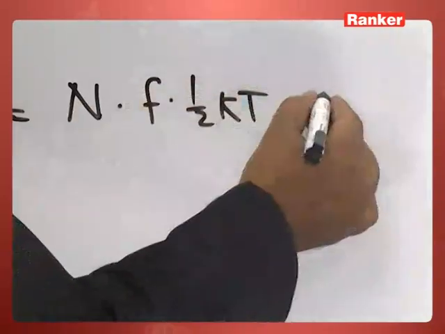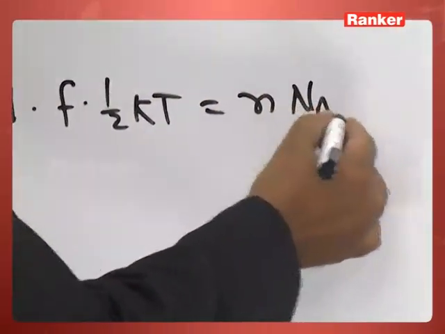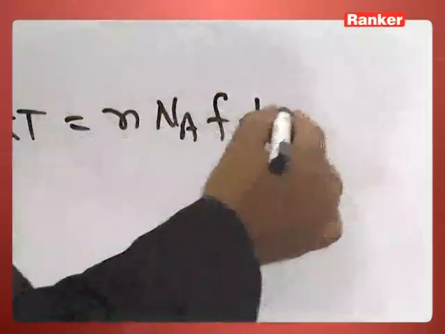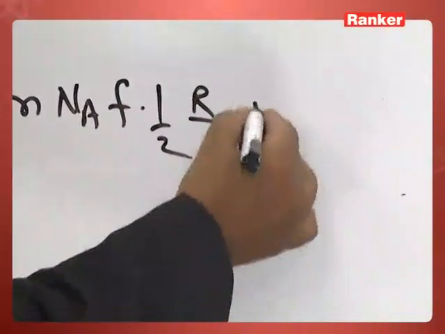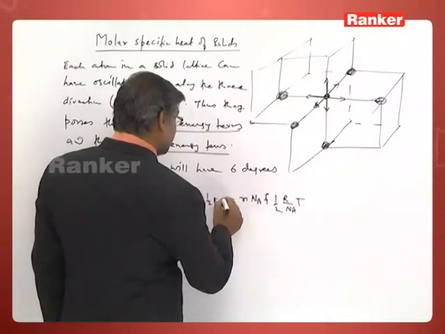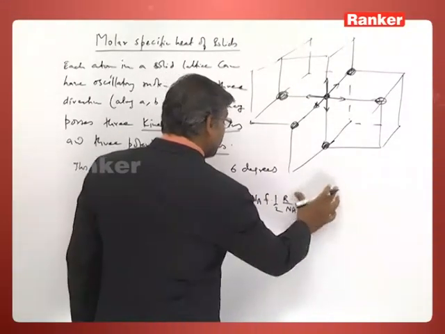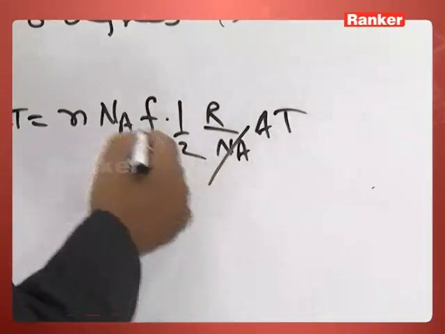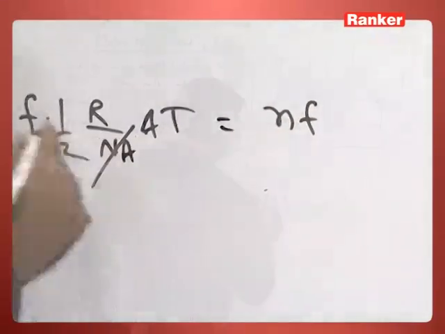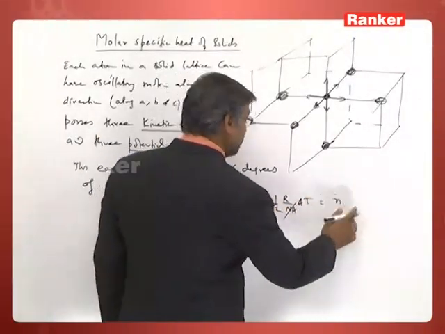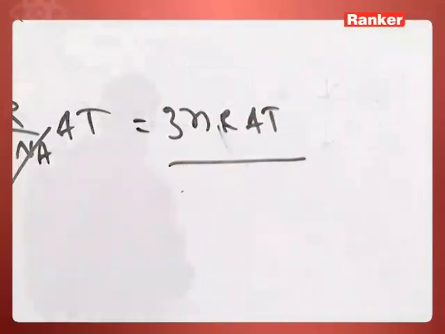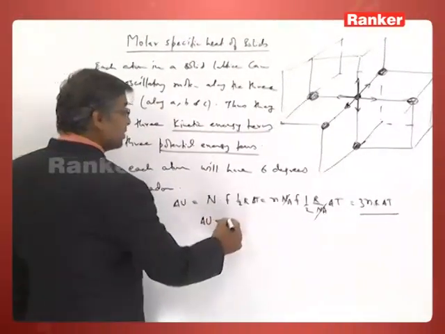That comes out to be N into Avogadro number Na, into f by 2, k meaning R by Na, again into T. Let us write it as delta U for the change in internal energy with change in temperature. Na cancels, we have n number of moles into degrees of freedom f, that is 6 by 2, equal to 3 n R delta T. This is what delta U is for a solid.